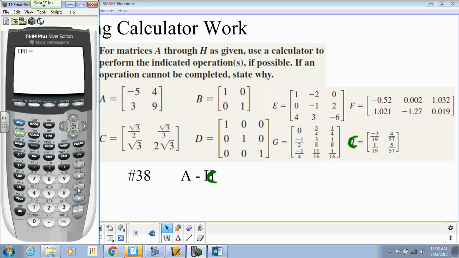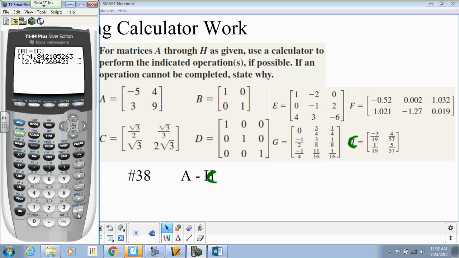And then I want matrix C, so I go back to matrix and select C, and then enter. So I did matrix A minus C.